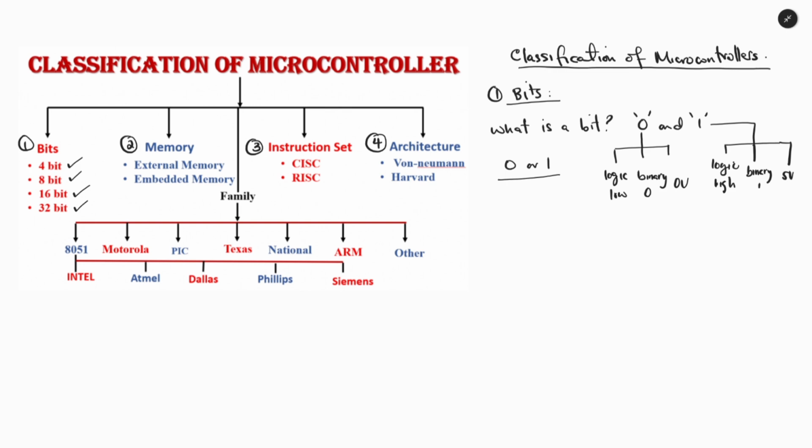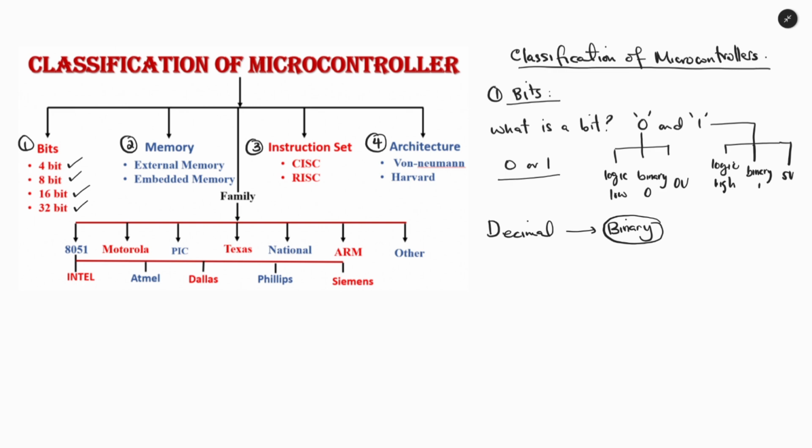By understanding what a bit is, we can now look at the 4-bit. What does that 4-bit mean? We normally understand a decimal value, and this decimal value can be converted to binary, where the bits 0 and 1 are represented using a binary representation.